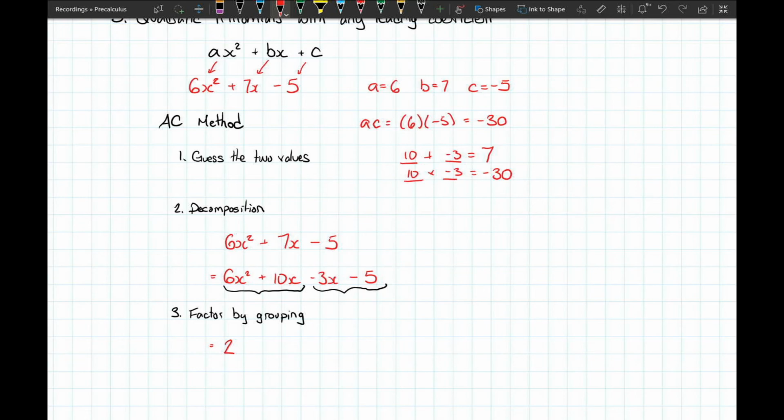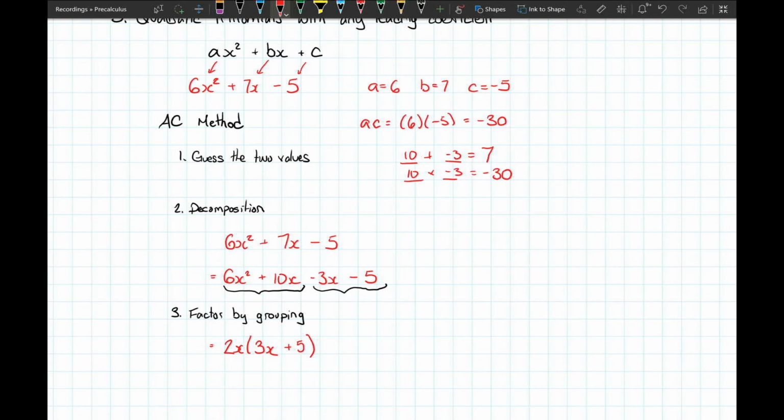But let's try to see if we can do this with a +2. Pulling out an x is also the highest power that we can pull out, and we'll end up with 3x from the first term, and from the second term, 10x, that's just going to leave us with 5.